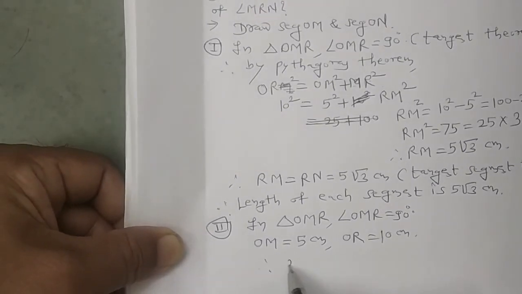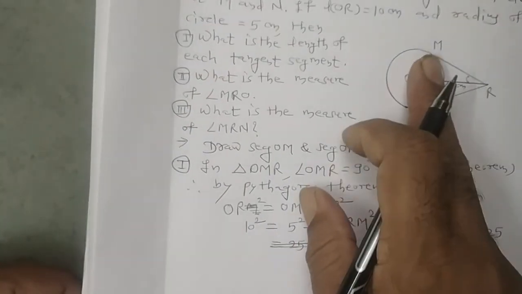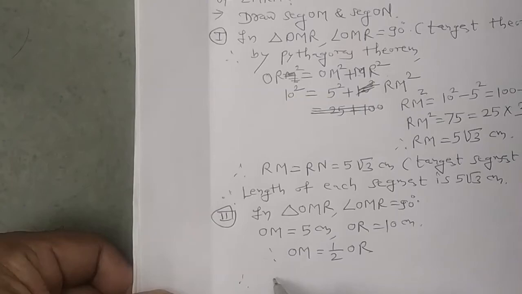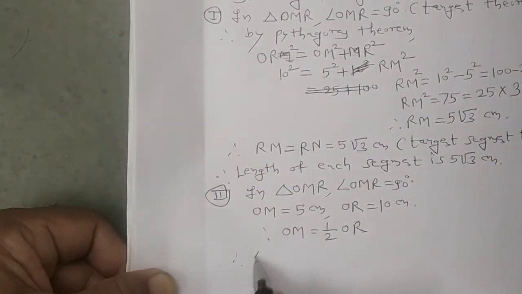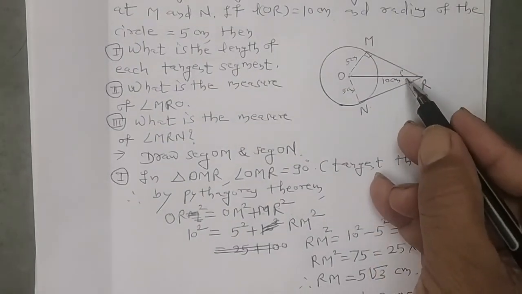Therefore, OM is equal to 1 upon 2 OR. This OM is equal to 1 upon 2 OR, that is half of hypotenuse. Therefore, angle MRO is equal to 30 degree. This angle is of 30 degree.